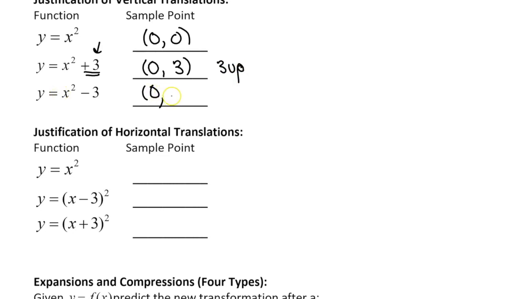Whereas if you put in 0 for x right here, you get 0, negative 3, meaning you've gone 3 down. And that explains our vertical translations.